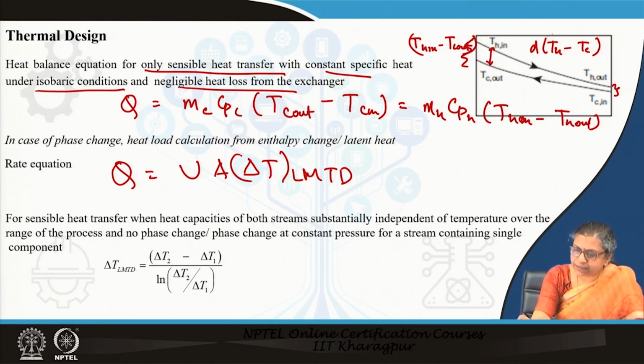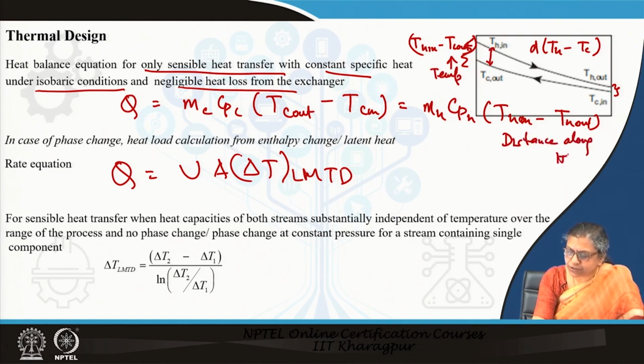So this differential progresses along the heat exchanger; in this graph, this is the temperature axis and this is the distance along the heat exchanger. So what do we find? That this differential keeps on changing, and varies from Th in minus Tc out at one end to Th out minus Tc in at the other end for a counter-current exchanger.